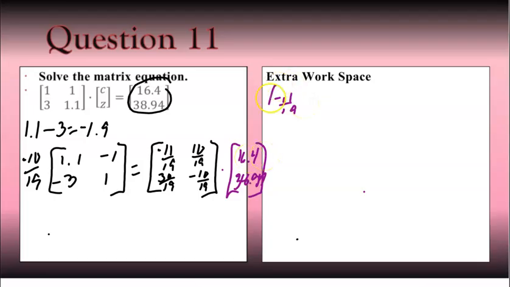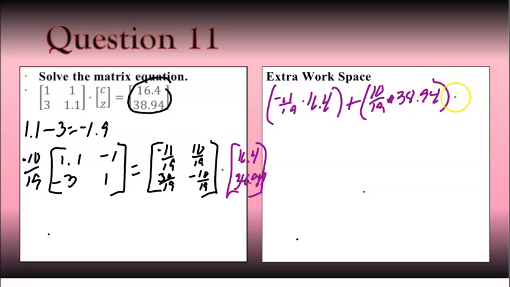So that's going to be negative 11/19 times 16.4. And we're going to add to that 10/19 times 38.94. And since we already did the work on our calculator, we know that that equals 11.